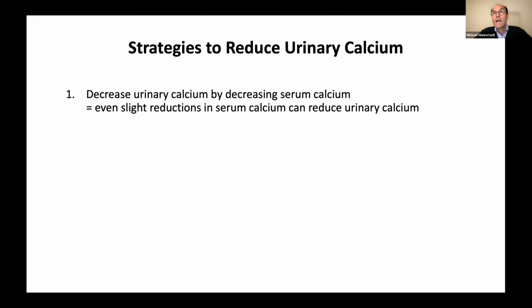And so that is because the kidneys will excrete what they see. So if they see a high blood calcium level, they will actually lose more calcium in the urine. Right? So that's a very important issue.